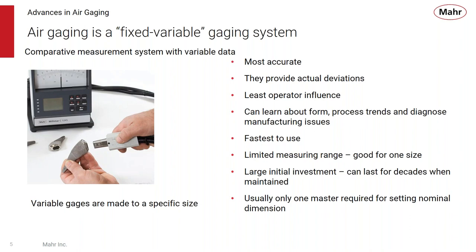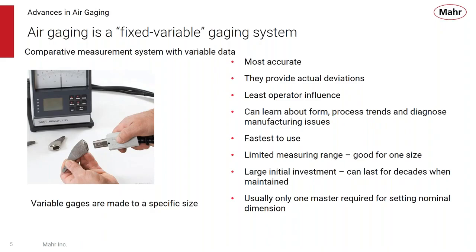It's the fastest and easiest to use because the operator simply has to place the air tooling into the part that's being measured. While it has limited measuring range, it's very good for that one specific size. And initially, it can be a pretty large investment, but with care, it can last decades when the system is maintained.